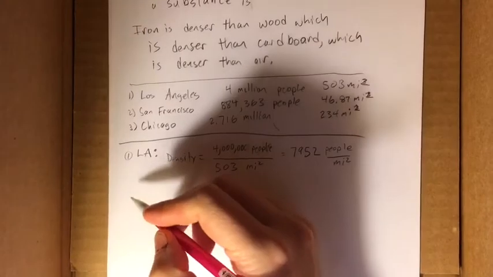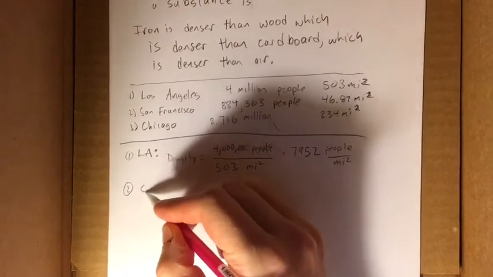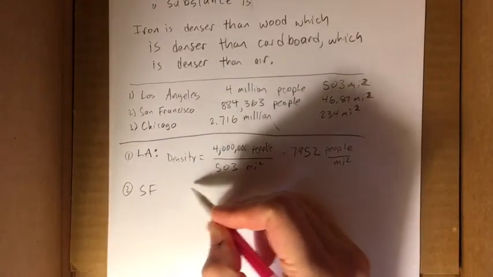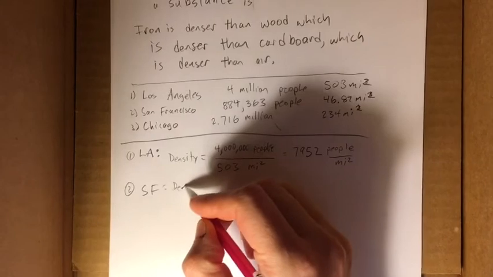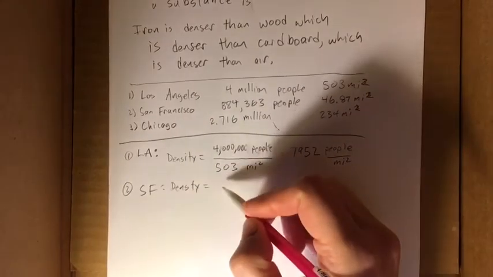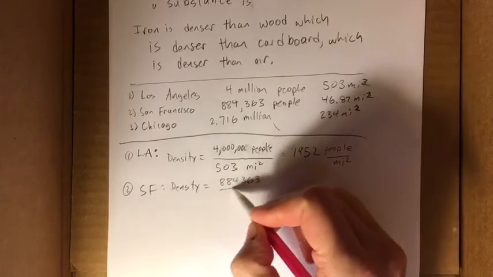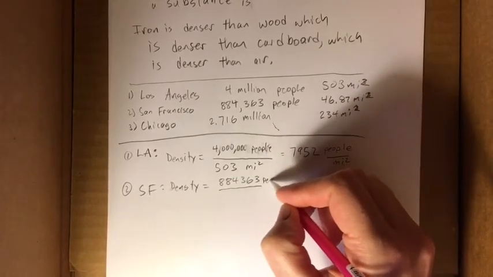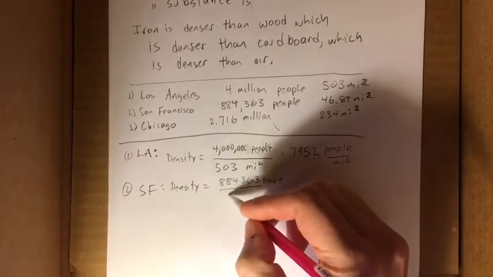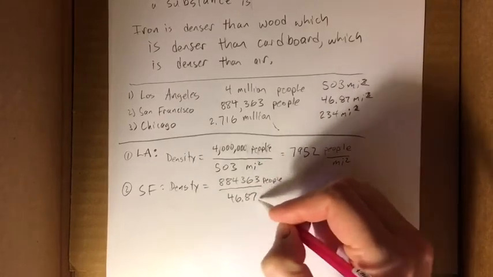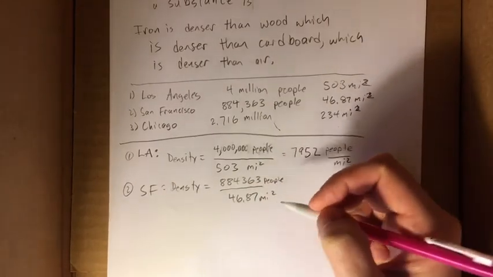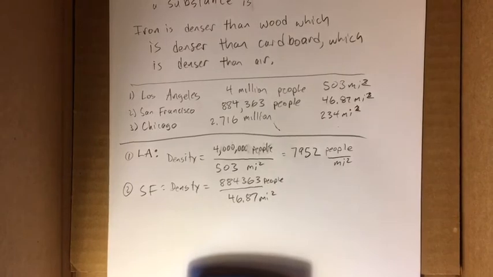All right, let's do the same thing for San Francisco. So San Francisco will be 884,363 people divided by 46.87 miles squared. And so I'm going to put it in my calculator.